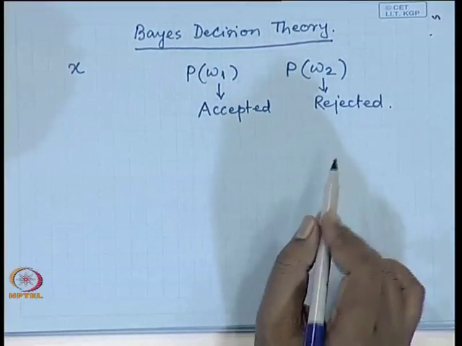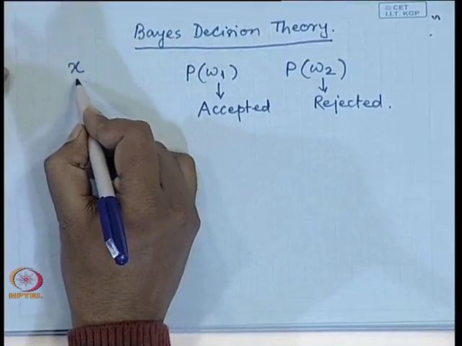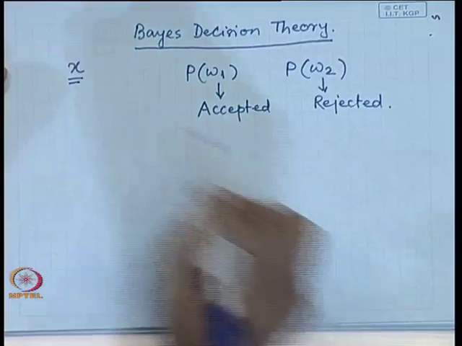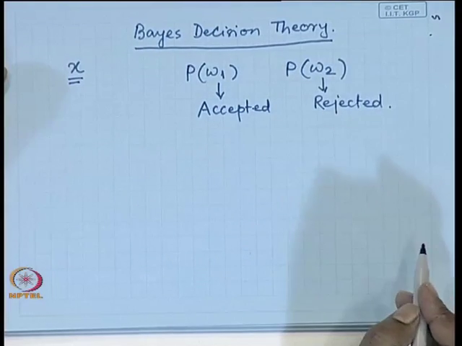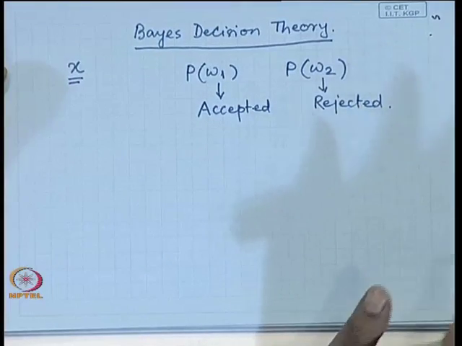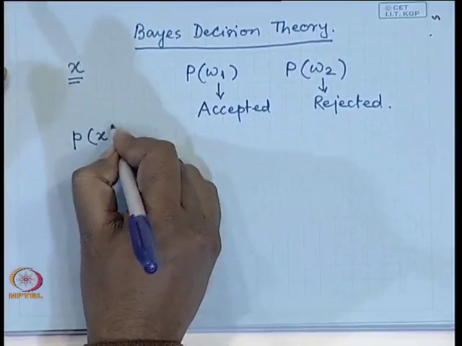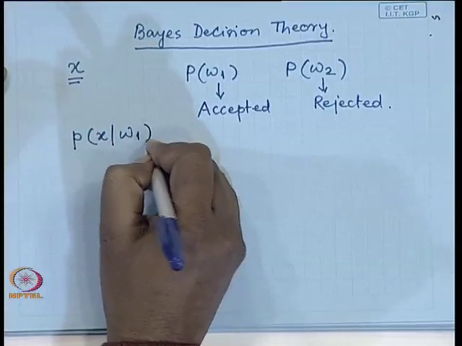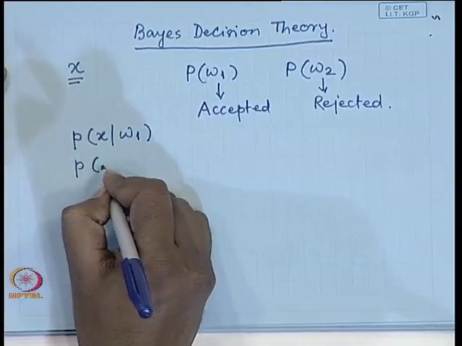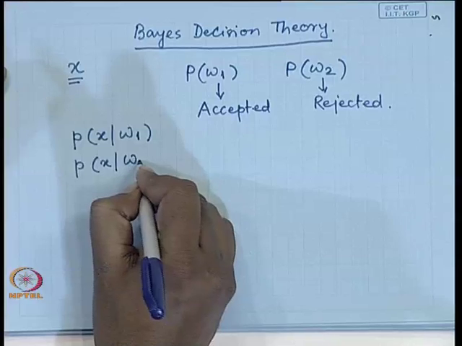Now, in addition, to make our decision, we have an observation x and for this observation x also we have class conditional probability density functions, that is p of x given omega 1 and also p of x given omega 2.